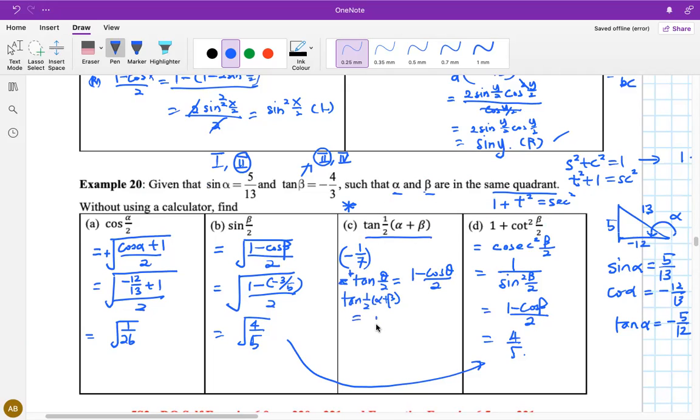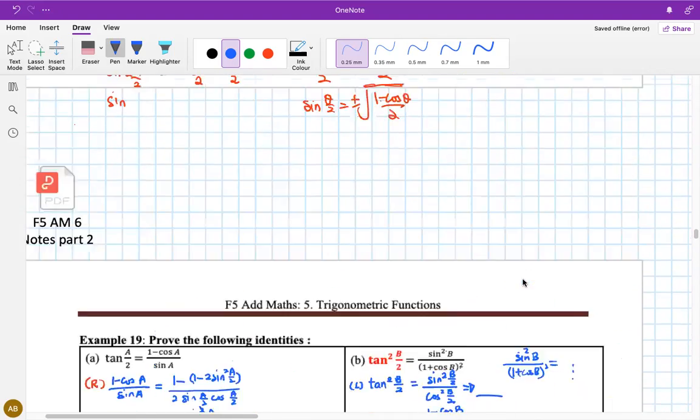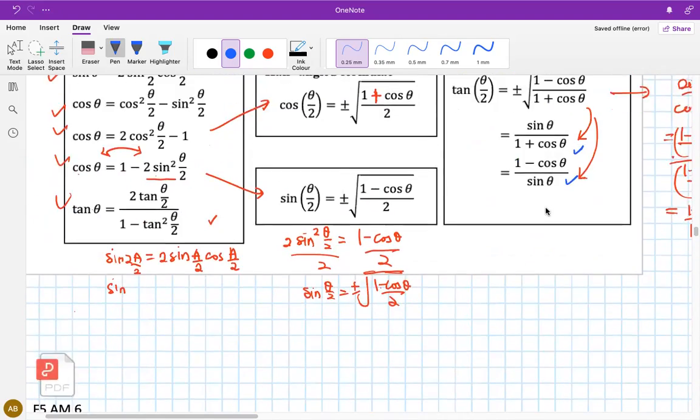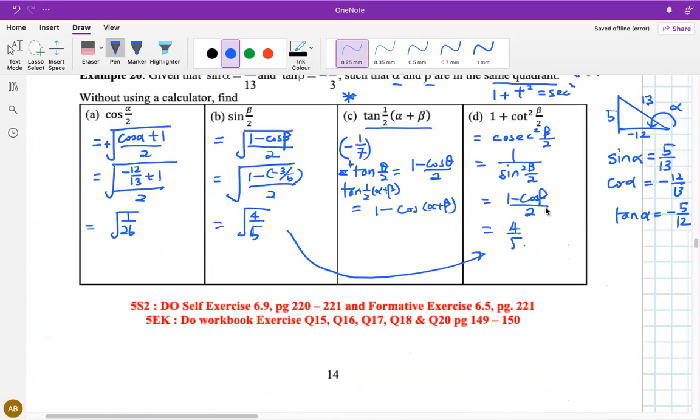So it becomes 1 minus cos of alpha plus beta. Sorry, made a mistake, so I repeat everything. This one, the answer is negative 1/7.